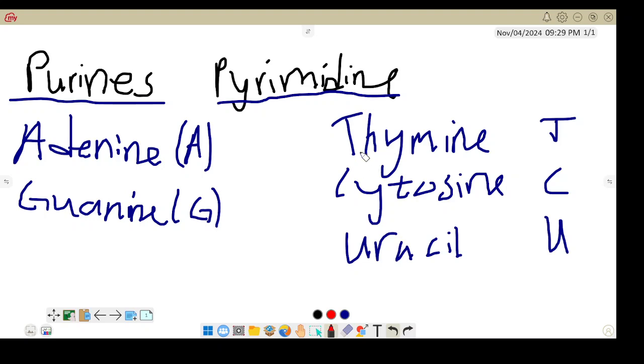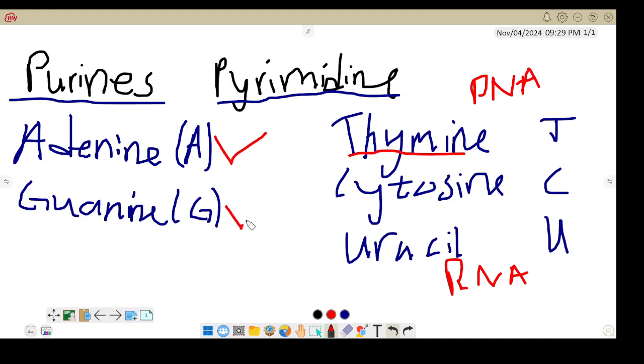Thymine is found in DNA, and then uracil is found in RNA. The rest are found in both. Adenine is found in both DNA and RNA, guanine is found in both, and cytosine is found in both.